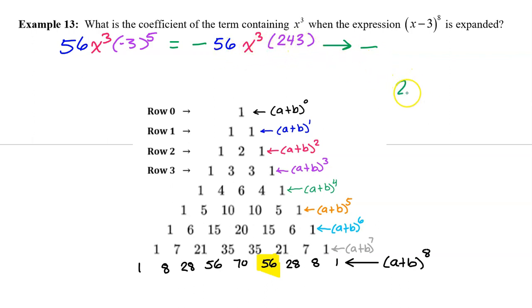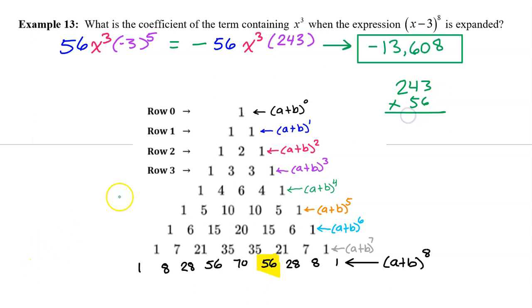I don't know a shortcut for that, and I'm not going to bore you by demonstrating the algorithm for 243 times 56. I trust that you can do that on your own. The coefficient of the term containing x to the third power is negative 13,608.